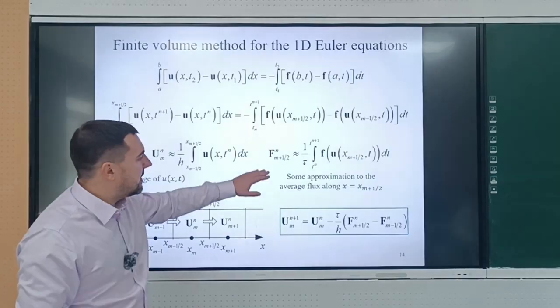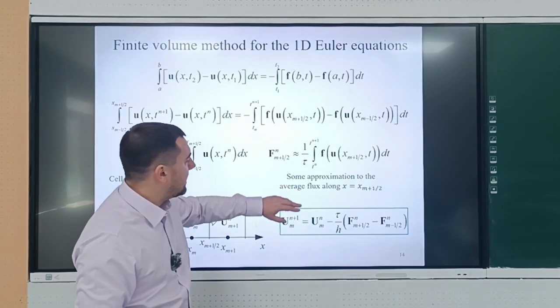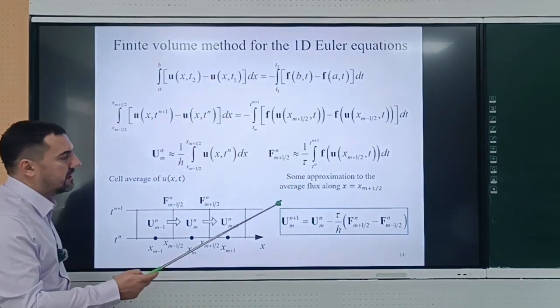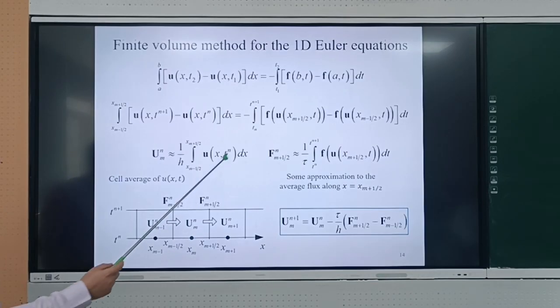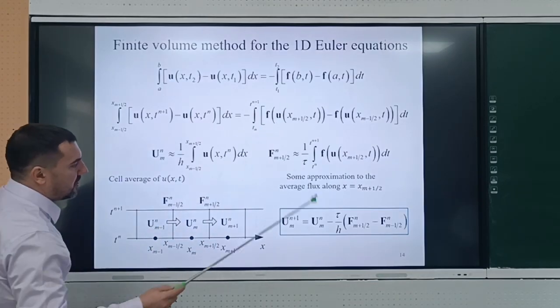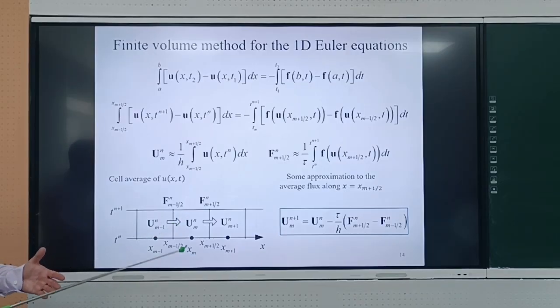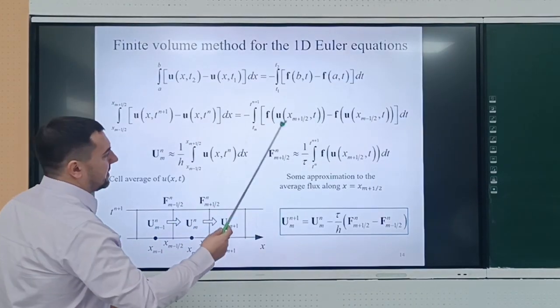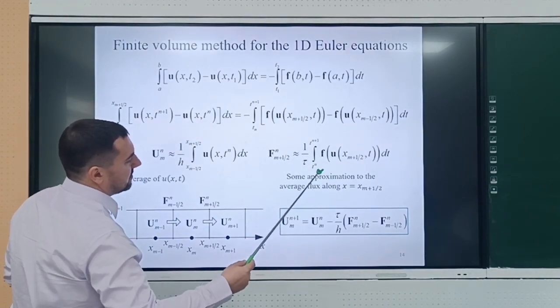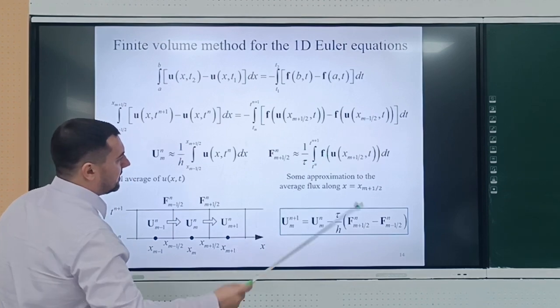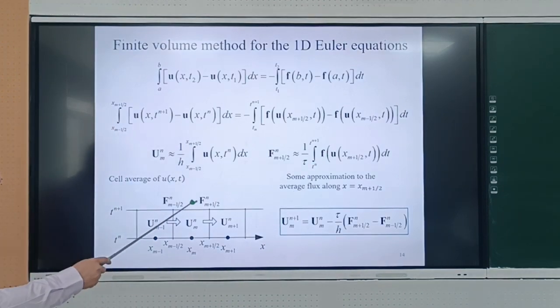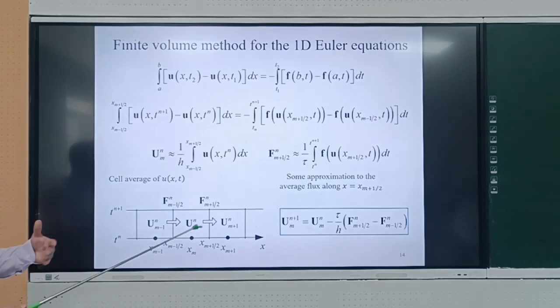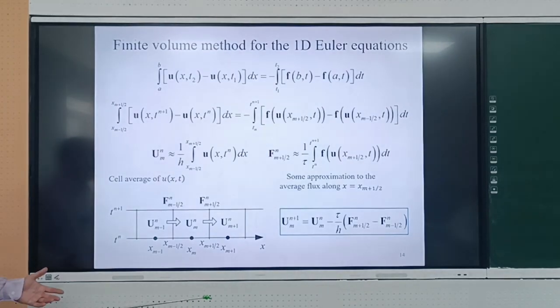In the same manner, we should propose some approximation to the average flux along x equals x_m plus 1/2. But actually, we do not know the exact value for this integral because we do not know our solution u here. We should propose some approximation.